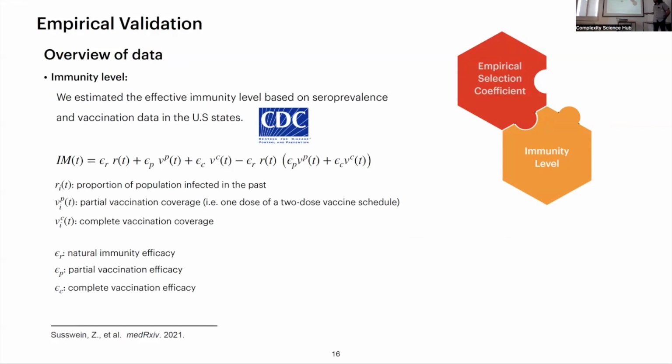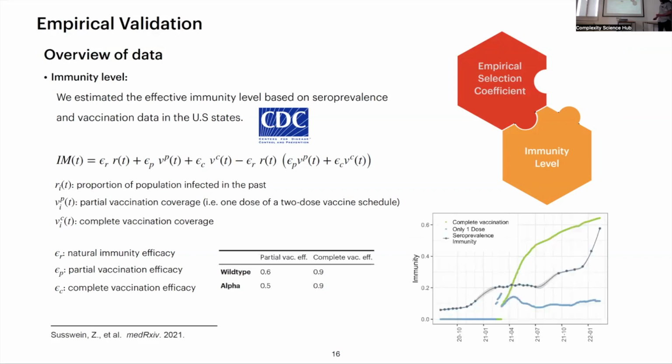Partial immunity due to the people who have only received one dose of vaccination, and full immunity for those who completed their vaccination. So by combining these sources of data, we can estimate the effective immunity level.